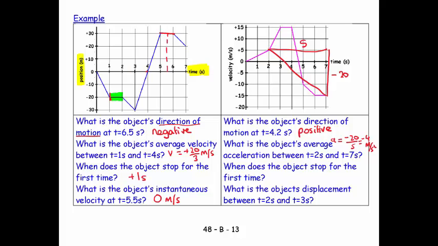So when does the object stop for the first time? And let's erase what we have. So when does the object stop for the first time? I'm looking for a time on here where my velocity is 0. And that's where it stops for the first time. Now here's the interesting point. People will sometimes say 4.5, between 4 and 5.